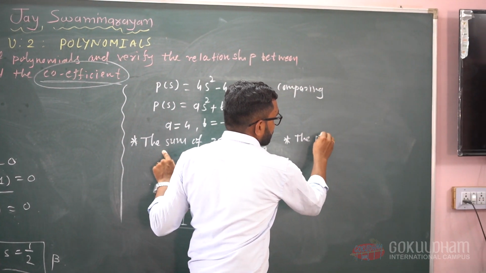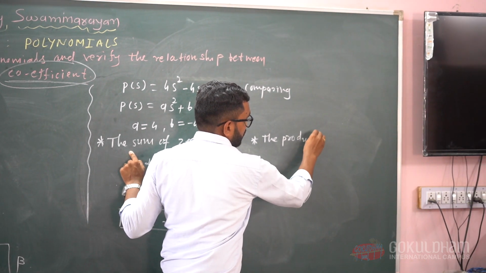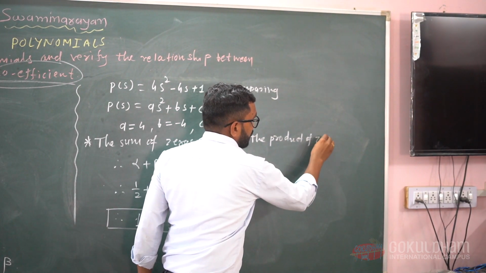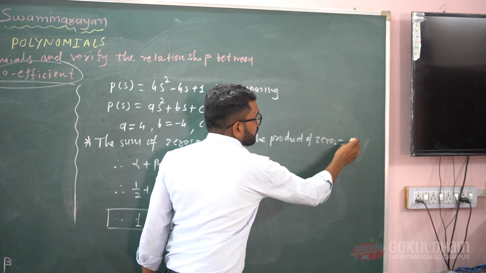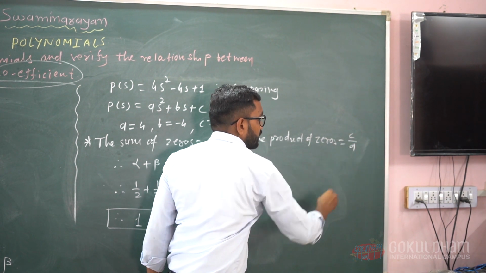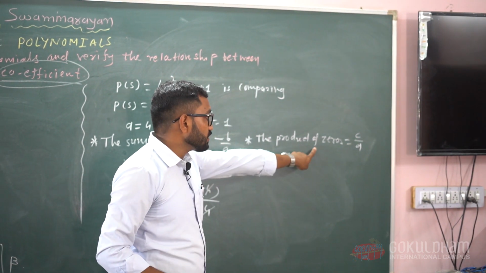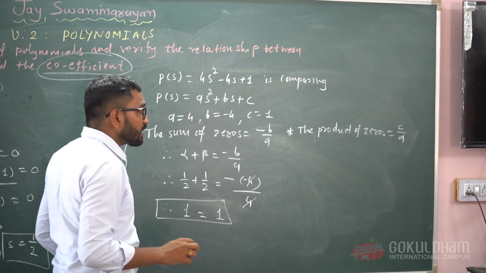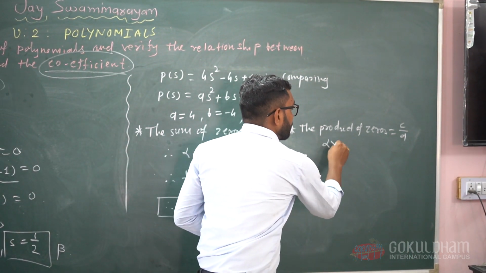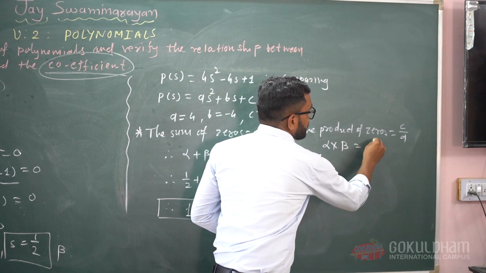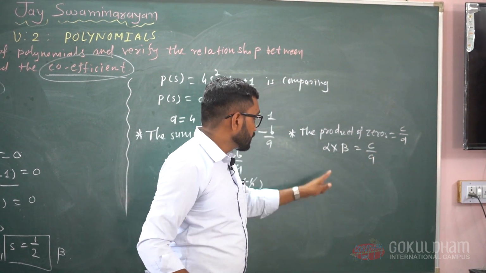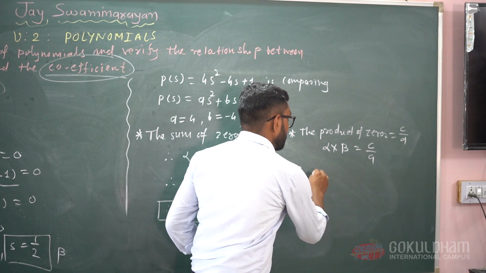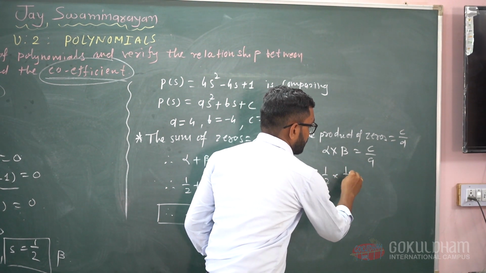Then the other, the product of zeros equal to c by a. Our zeros are alpha and beta. The multiplication of alpha into beta equal to c by a. The values of alpha and beta are 1 by 2 into 1 by 2.